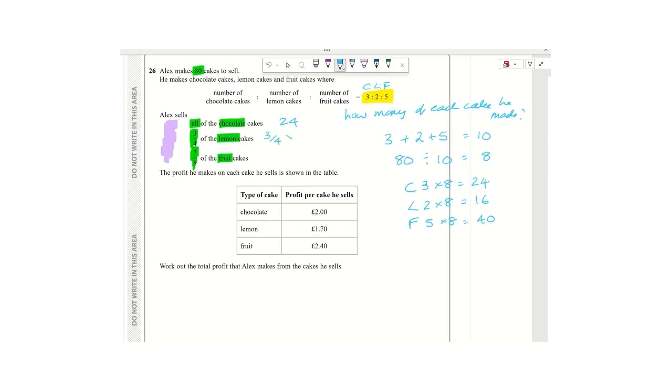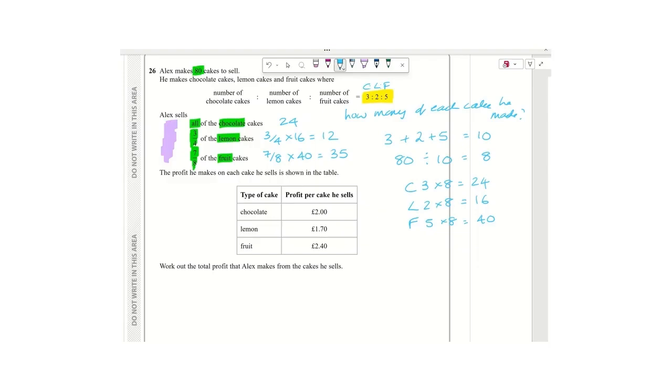So we need to find 3/4 of 16, which if you plug that into your calculator will give you 12. And then he sold 7/8 of the fruit cakes. So 7/8 times 40. Again, if you put that in your calculator, you'll get an answer of 35. So we know that he sold 24 chocolate cakes, 12 lemon cakes, and 35 fruit cakes.